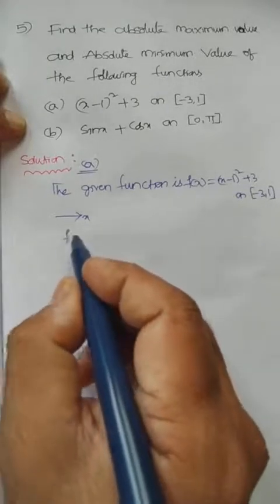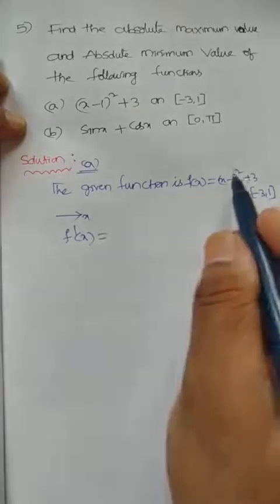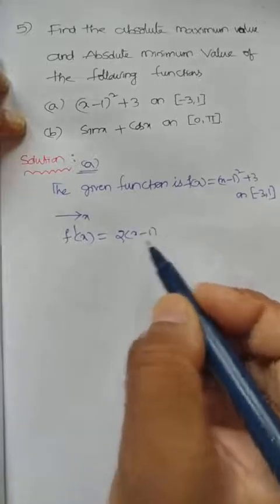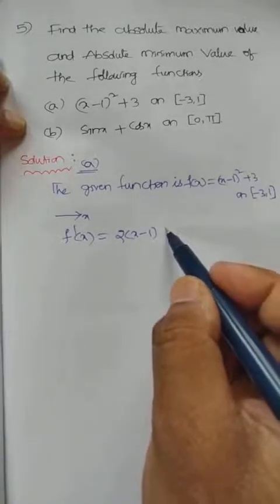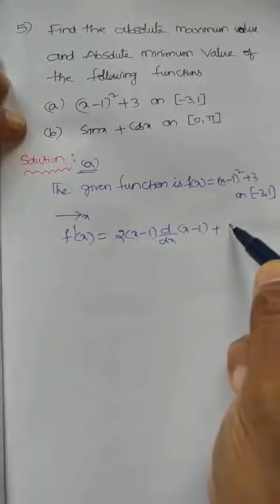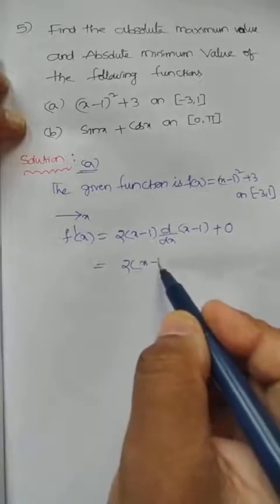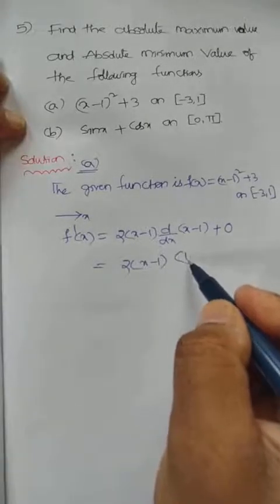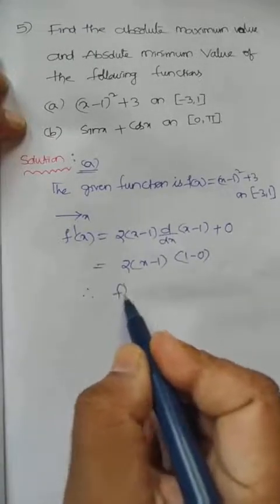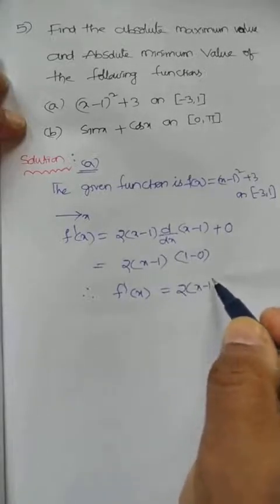So we would get f dash of x is equals to 2 into, in place of x we have x minus 1, again differentiating, d by dx of x minus 1, and the constant's derivative is 0. So it is 2 into x minus 1, and this derivative is 1 minus 0. Therefore the f dash of x value I got is 2 into x minus 1.